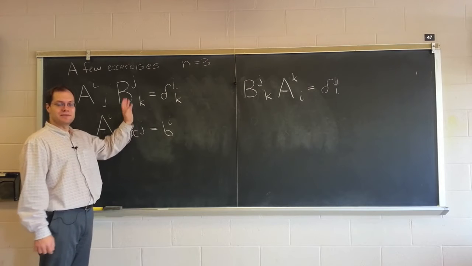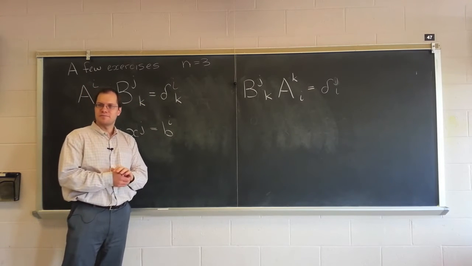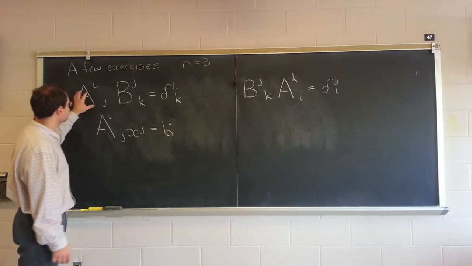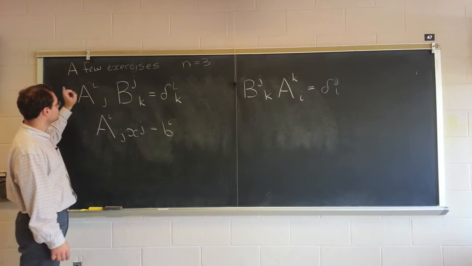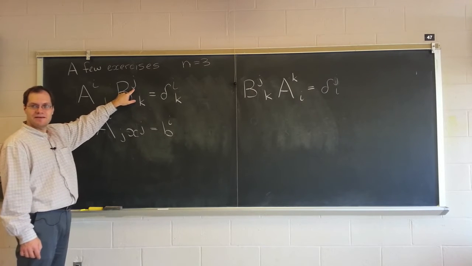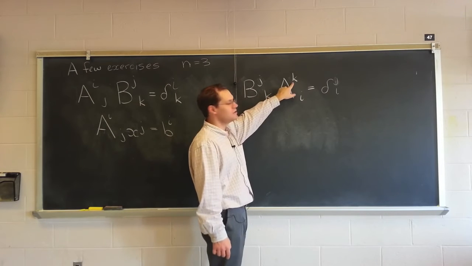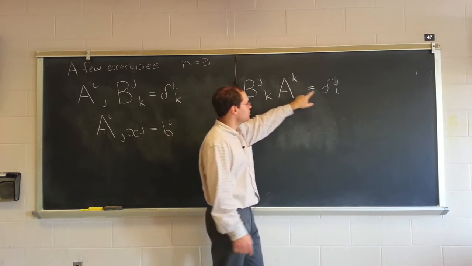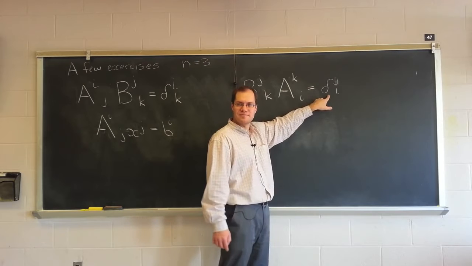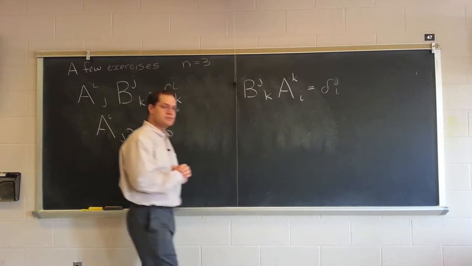It's not something that can be easily achieved by manipulating entries of the matrix. So we should just take it for granted that if we contract on the second index of A and the first index of B, then if we do the opposite, contracting the second index of B with the first index of A, we will also get Kronecker delta.